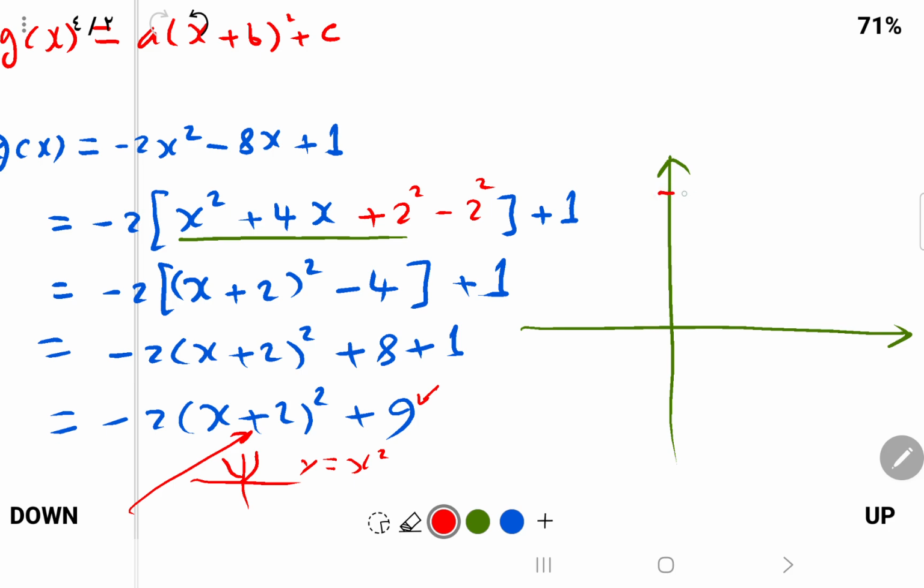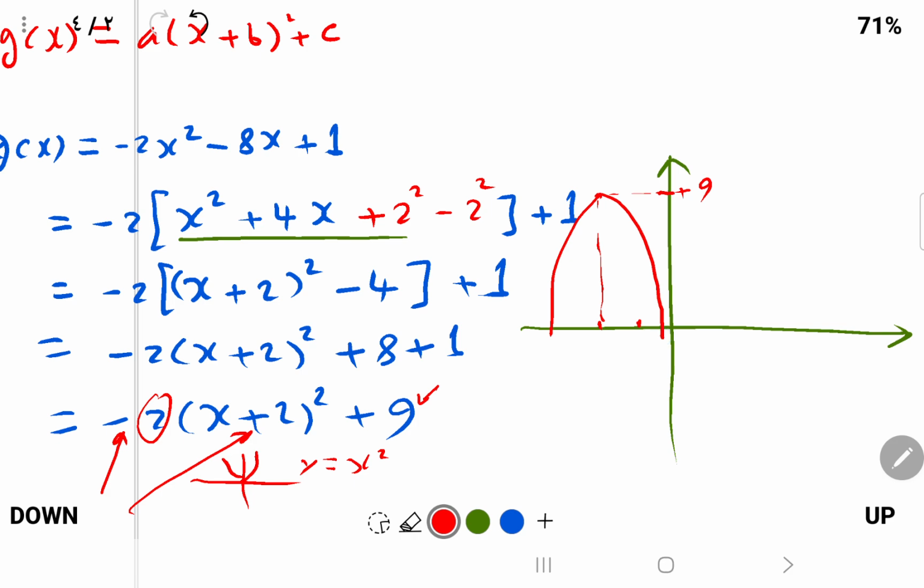The graph must open downward because of this minus here. This 2 does not affect it, it's about stretching. So now that's the graph of the function.